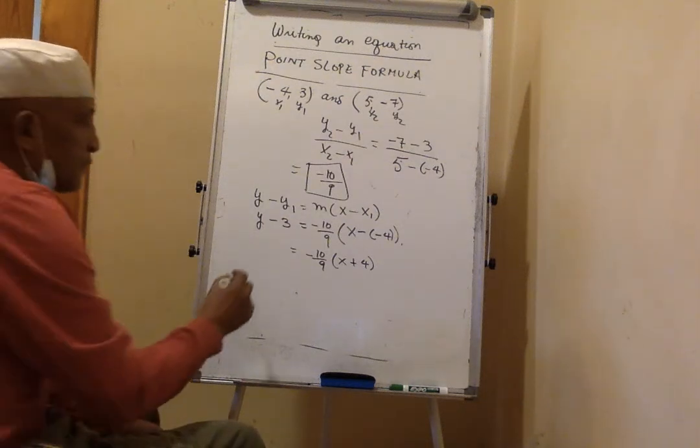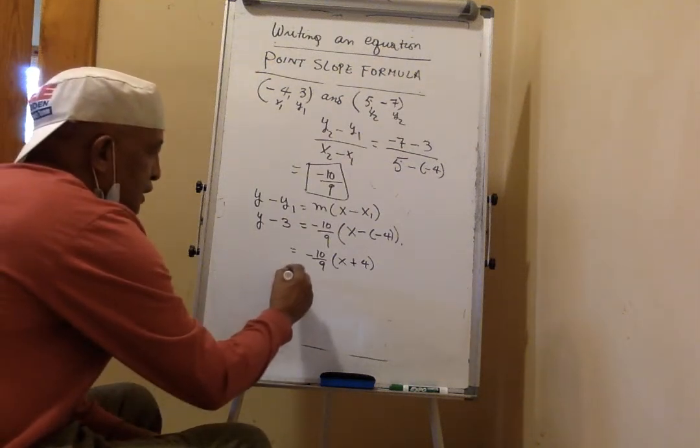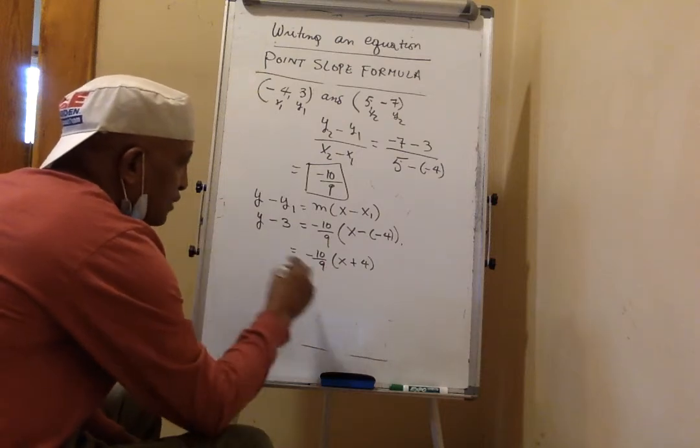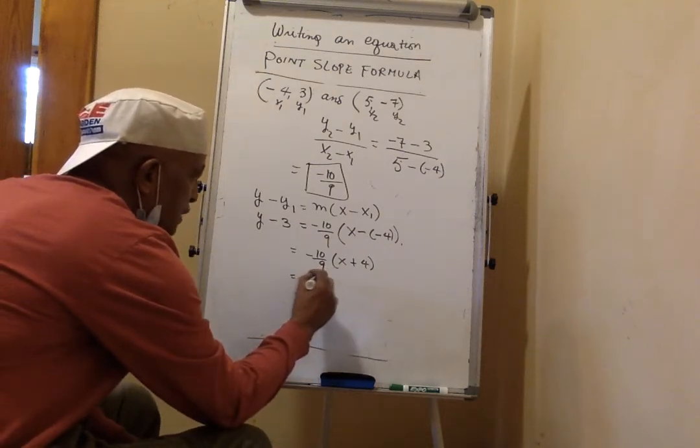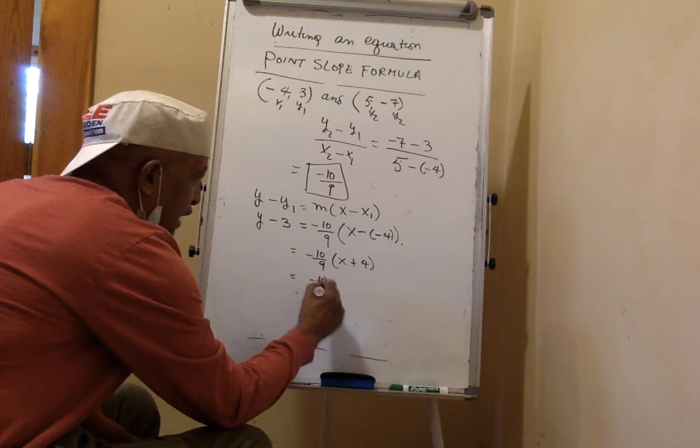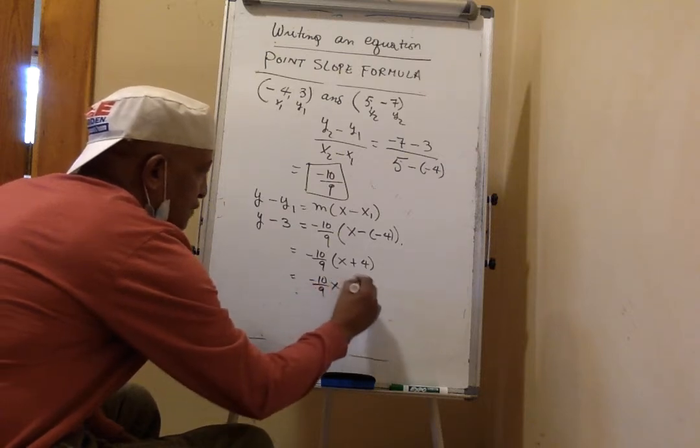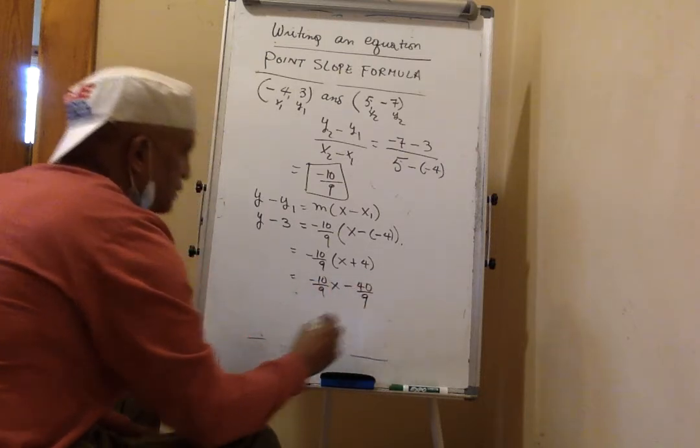Right? Then distribute -10 over 9 to everything inside. So this would be -10 over 9x minus 40 over 9.